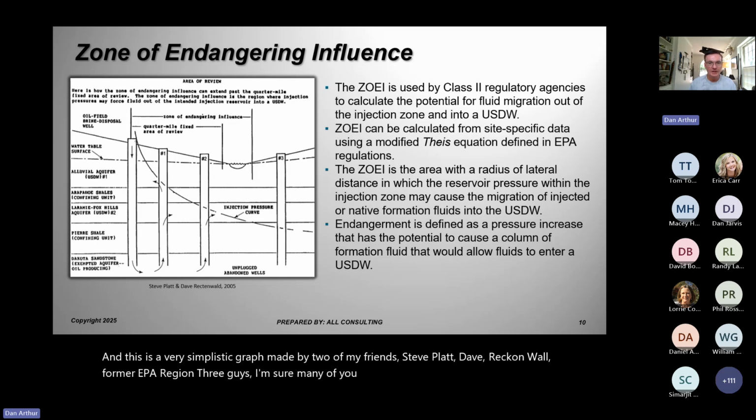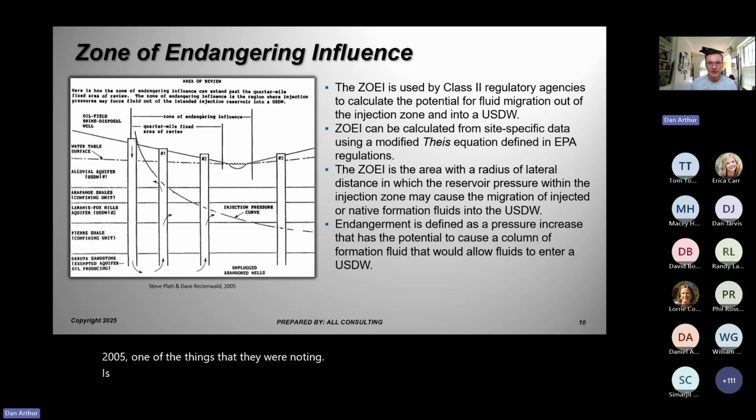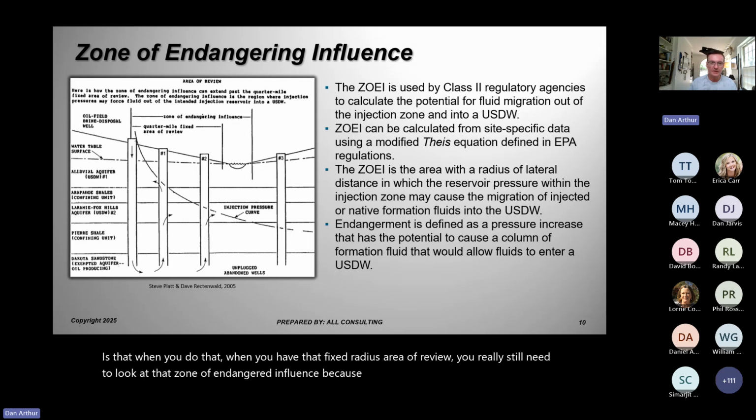In this article that they did back in 2005, one of the things they noted is that when you have that fixed radius area of review, you really still need to look at the zone of endangering influence, because depending on your situation, your injection volumes and all that kind of stuff, the zone of endangering influence could be greater than your fixed radius AOR.